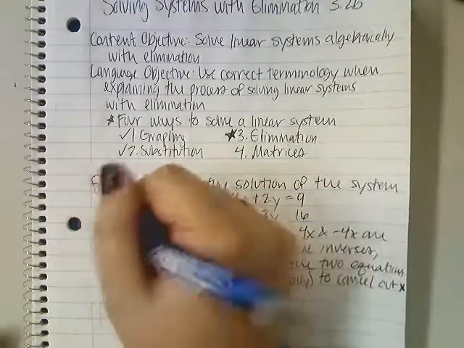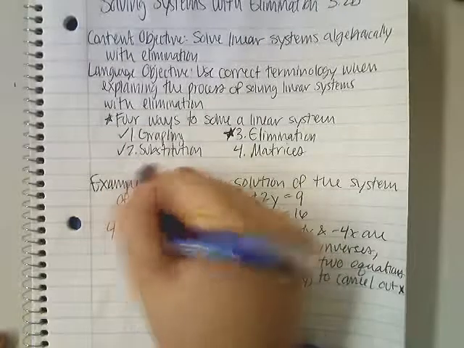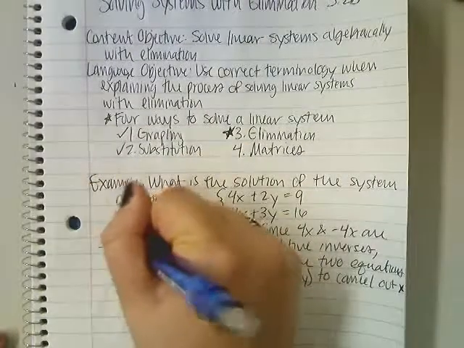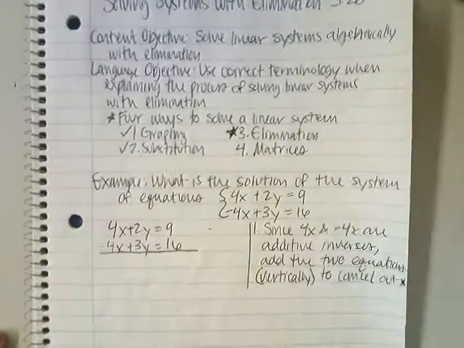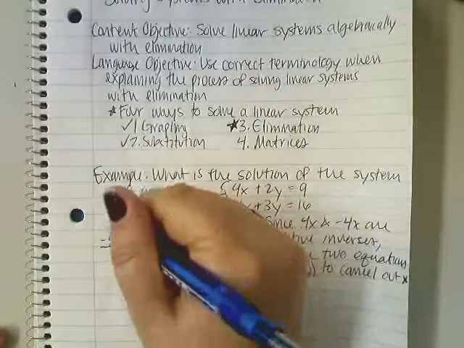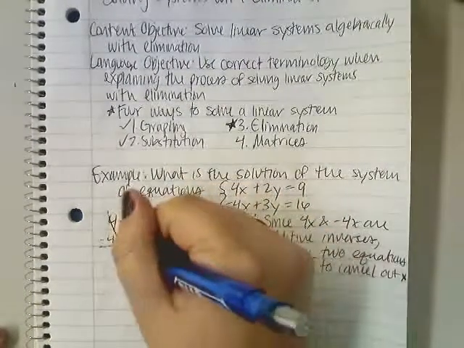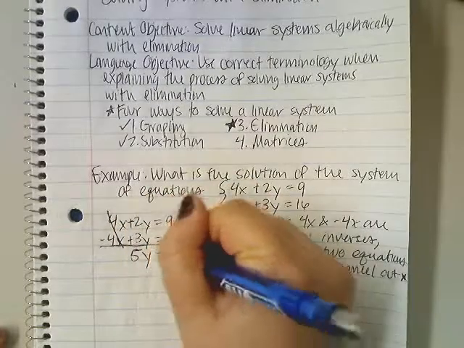It's not an actual math reasoning thing, but we're going to add it vertically so we can see what we're doing. So if I rewrite my 2 equations, if I add these straight down, I do 4x plus negative 4x, they cancel out. Then I add 2y plus 3y and I get 5y, and 9 plus 16 and I get 25.